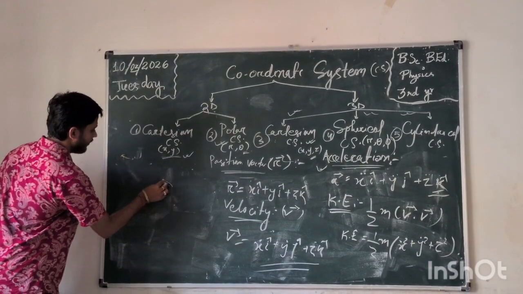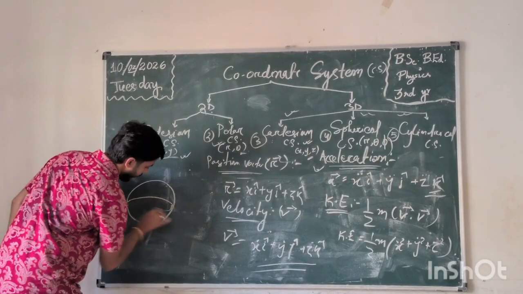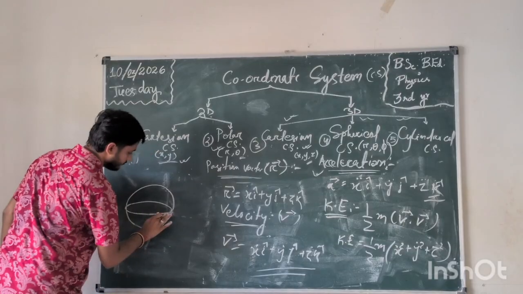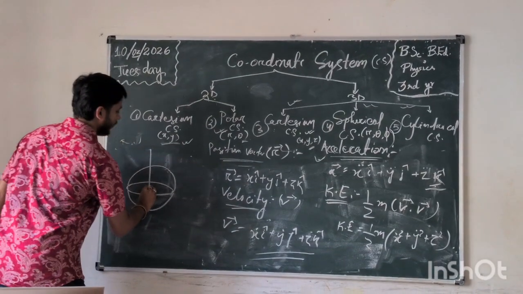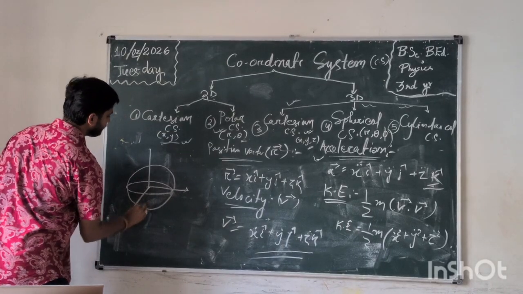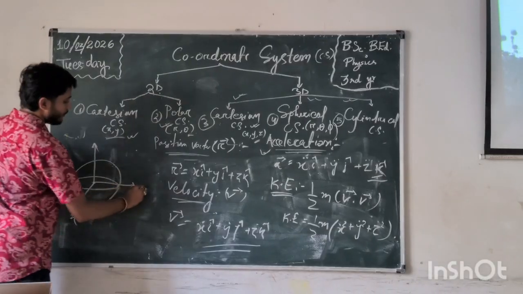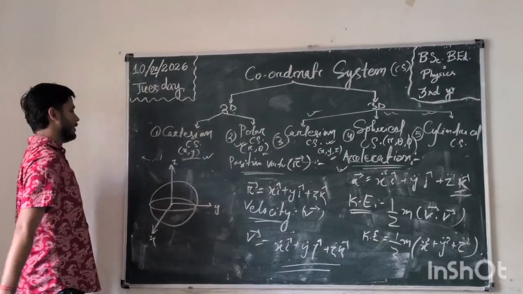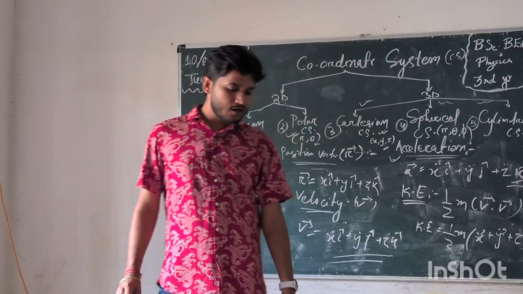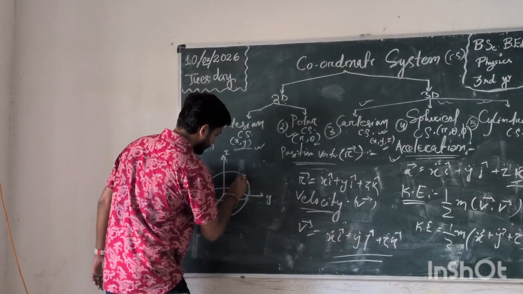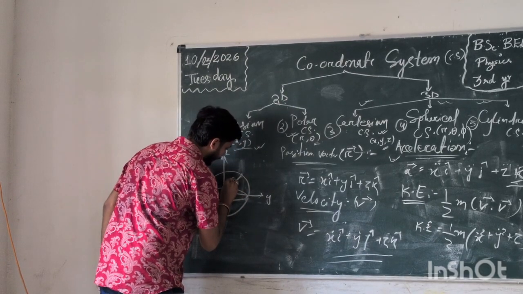Suppose this is a sphere. In 3D, suppose this is our x-axis, this is our y-axis, and this is our z-axis. First, suppose here I am plotting a point at distance r.